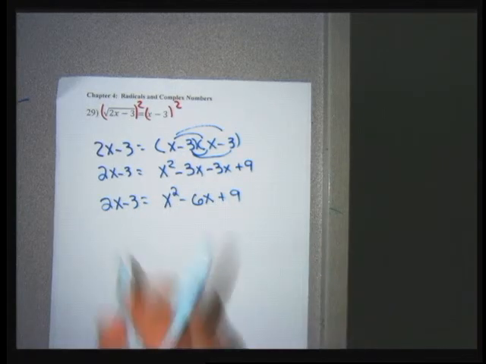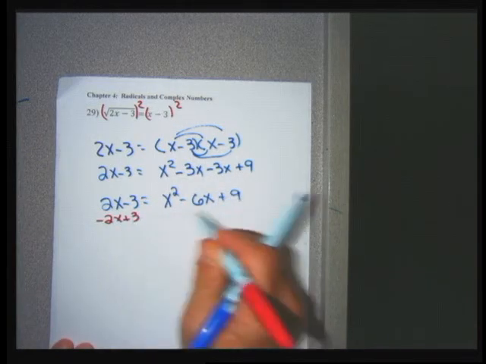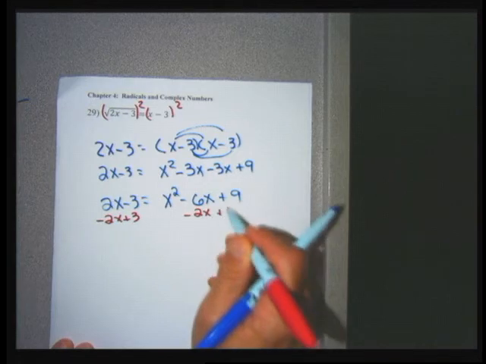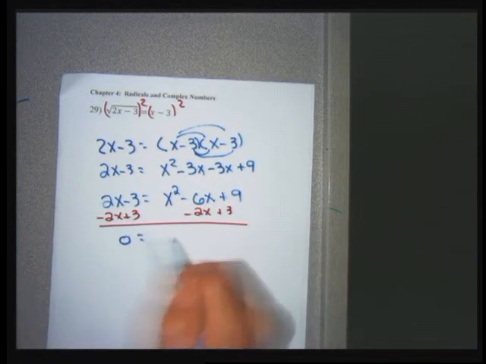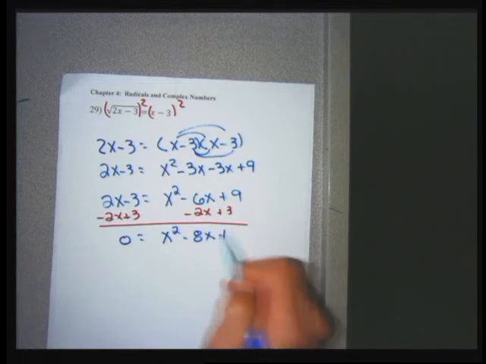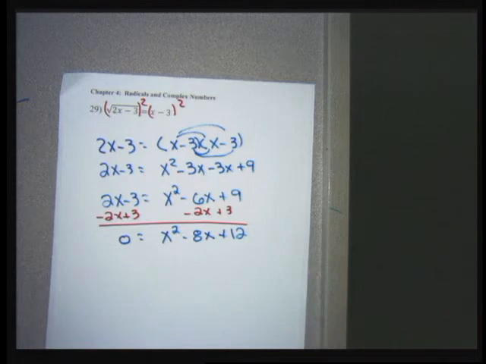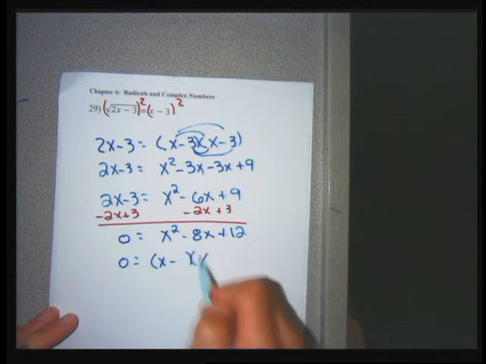Because there's a square, I need to set it equal to 0. I'm going to minus 2x and plus 3 to get it set equal to 0. This is going to give me 0 on the left side and x squared minus 8x plus 12 on the right side. I can factor this. It's a double negative. My template from back a few chapters ago told me this would be a double negative.